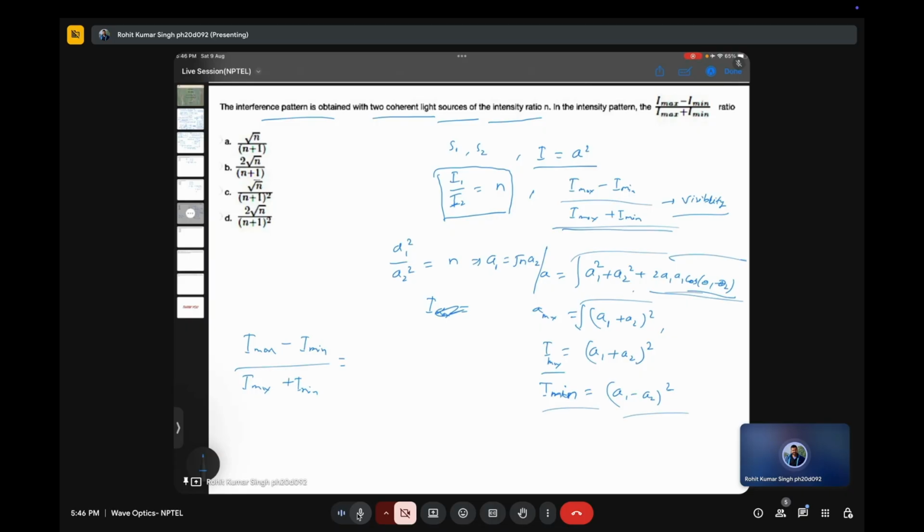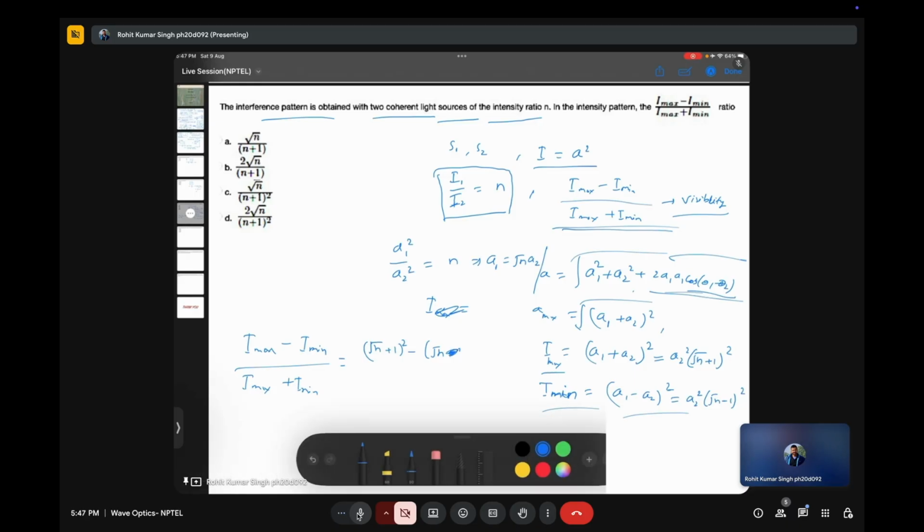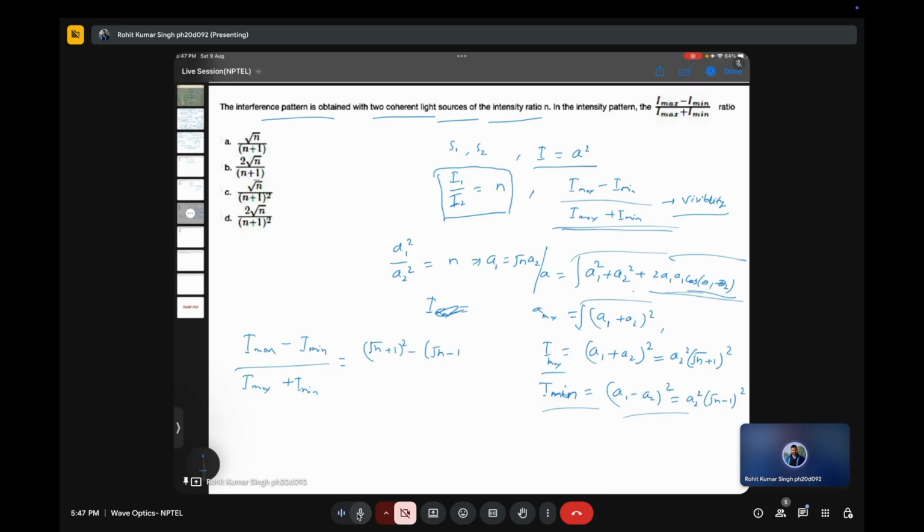Basically this I max will be A2 square times root n plus 1 whole square, and this will be A2 square times root n minus 1 whole square. So A2 square will be cancelled.